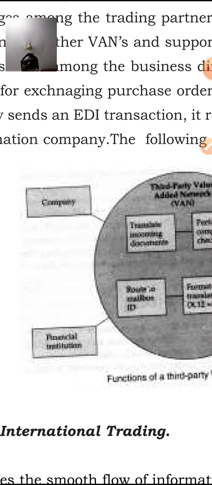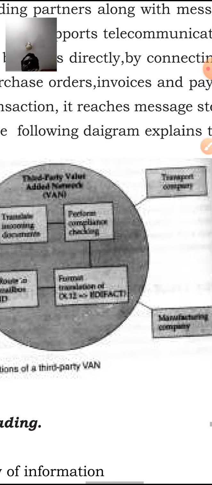Now the functions of a third party VAN. For example, at the top level there is a company, at the bottom level there is a traditional communication mechanism, at the third place a transport company, and at the fourth place a manufacturing company.